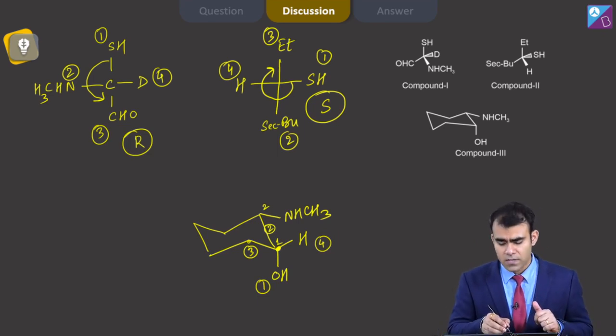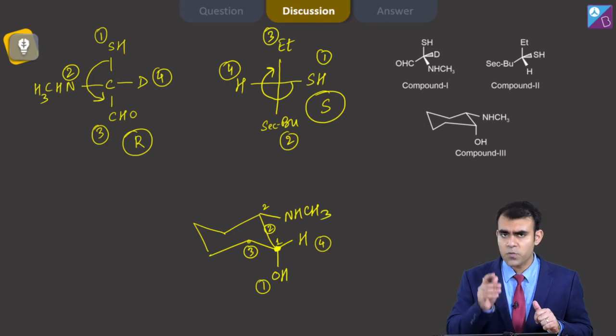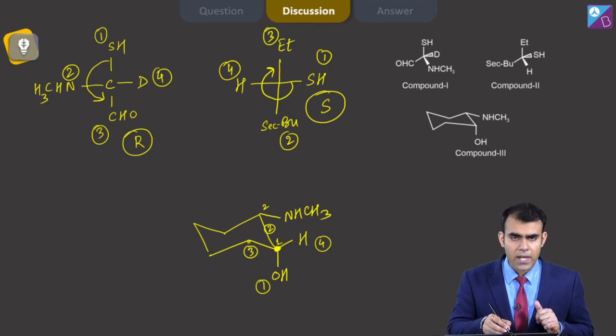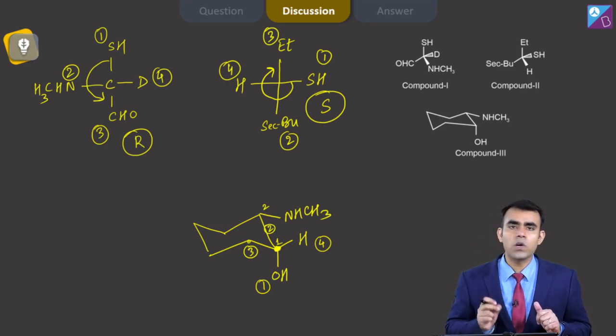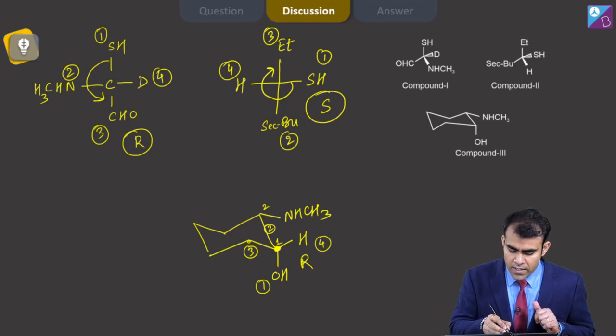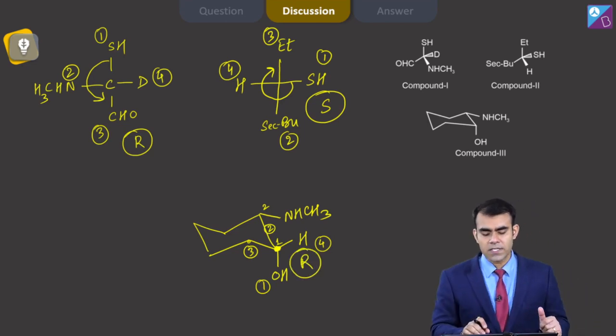Now if I do this for the first carbon atom, and I hold my H and look at this OH, this second bond and the third priority group, then you can see that we are moving in the clockwise direction, and that's why the configuration of this carbon is R.